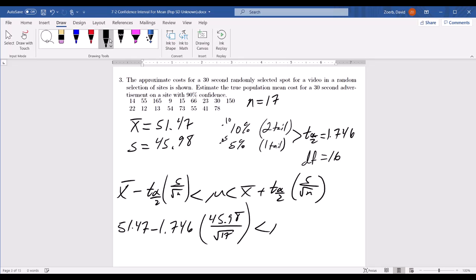And then you have the same thing on the right side, except it's a plus instead of a minus. So plus 1.746, and still times 45.98 divided by square root 17.